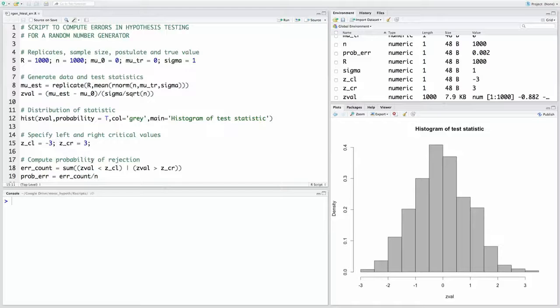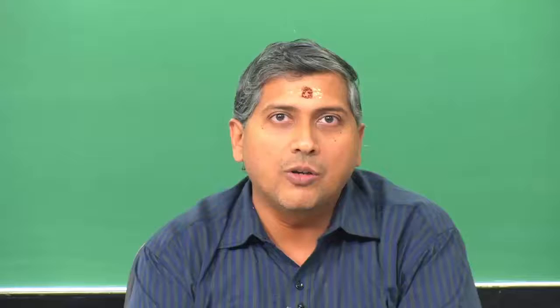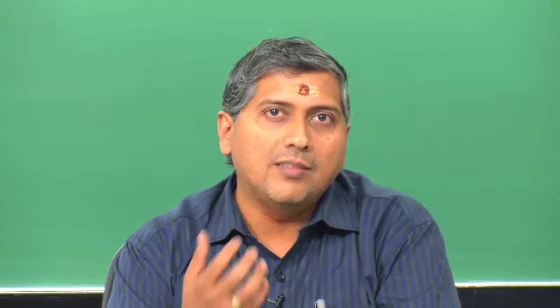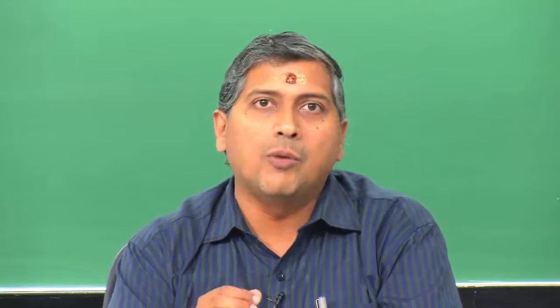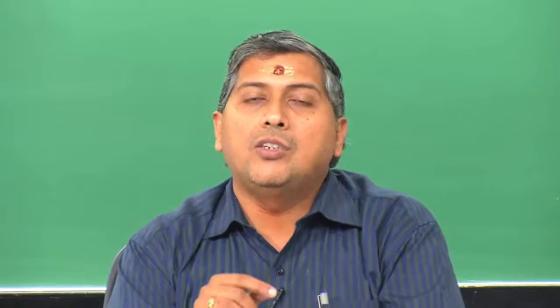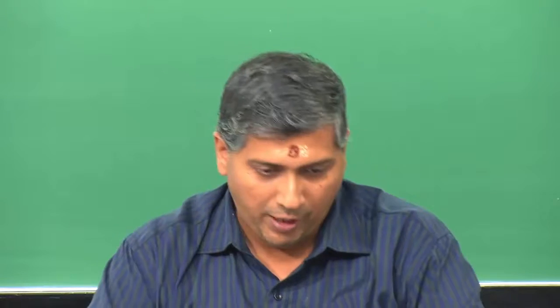Before running the source code, think of the answer: whether you expect the type 1 error to increase or to decrease. Remember what we are doing by changing from plus or minus 2 to plus or minus 3, we are extending the acceptable range. We are allowing more and more possible values for the test statistic to be acceptable.